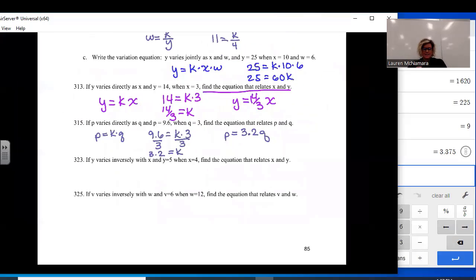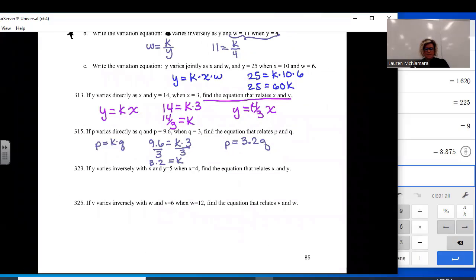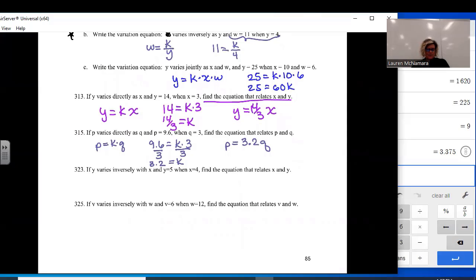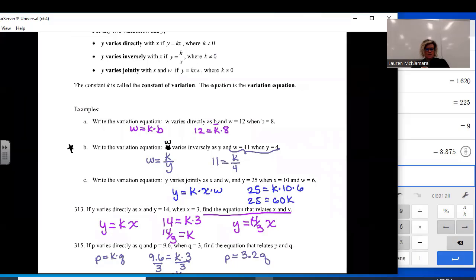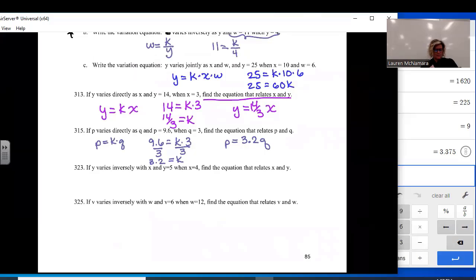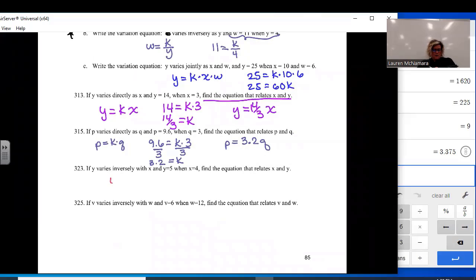Looking at the next example. Y varies inversely with X. So this is exactly what this says. Y varies inversely as X, so I'm going to use my division. So Y equals K divided by X. So then I have 5 is equal to K divided by 4.